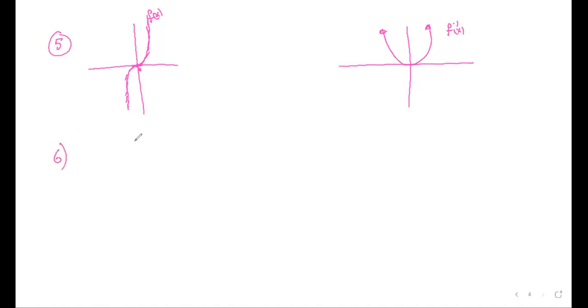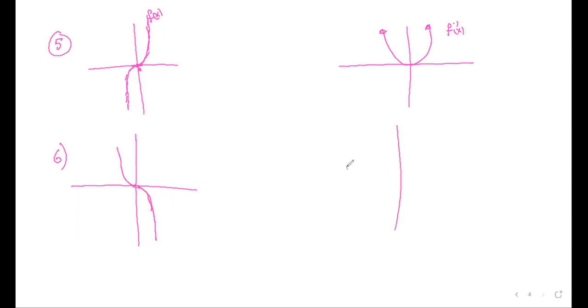Okay. If we have this function, I'm sorry, I'd like to draw it more accurately.